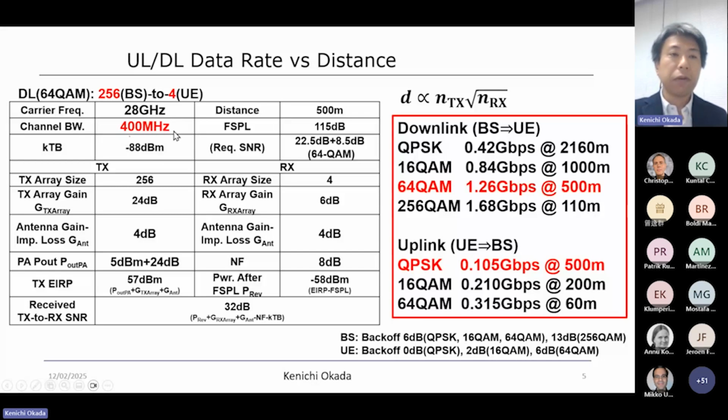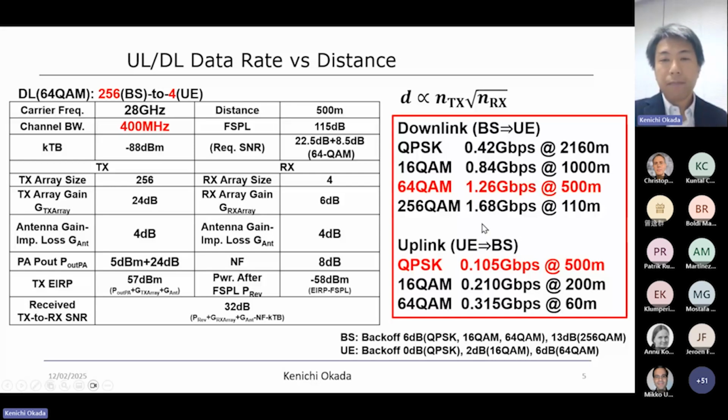For example, if we use a 256 element antenna at the base station, and usually the user equipment has only 4 or 5 antennas, in that case the downlink can be okay, but the uplink becomes very severe. For keeping the 500 meter communication distance, only 64 QAM can be transmitted with 1.26 gigabps, considering the TDD and 5G overhead.